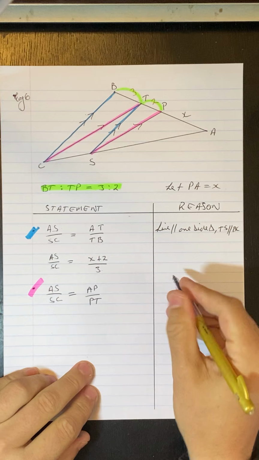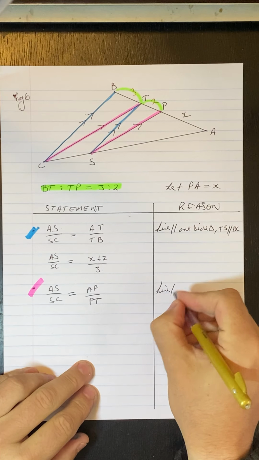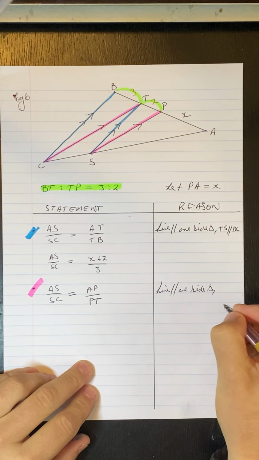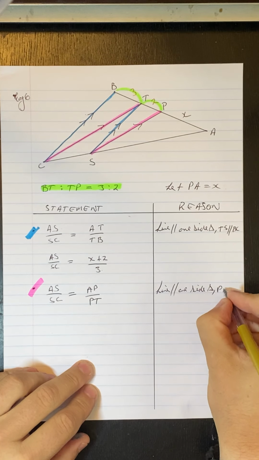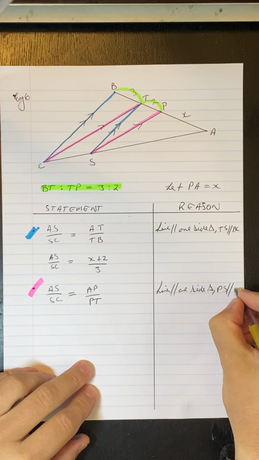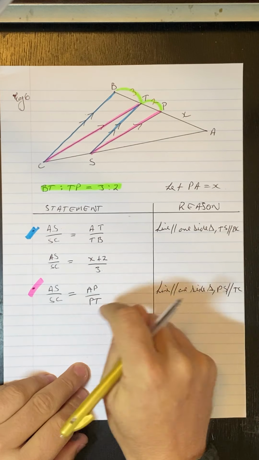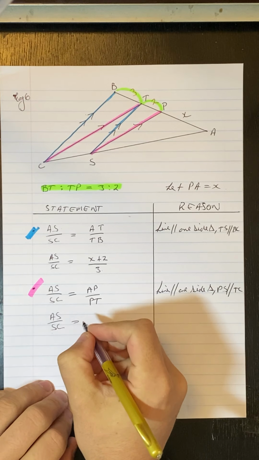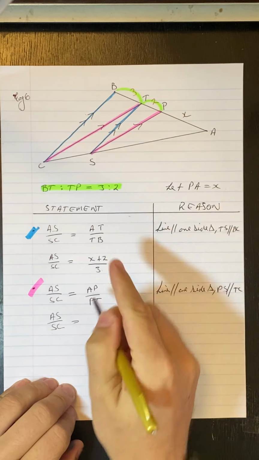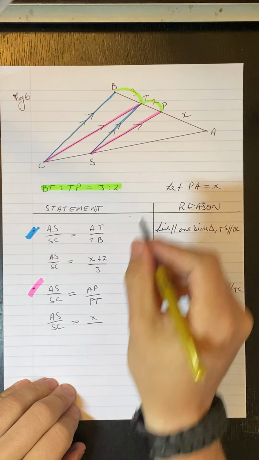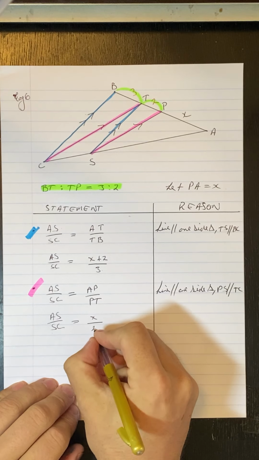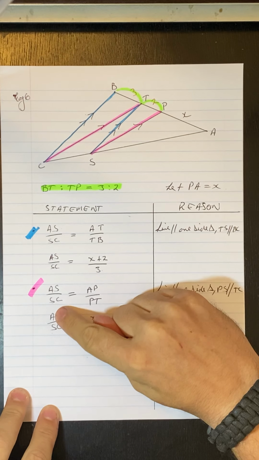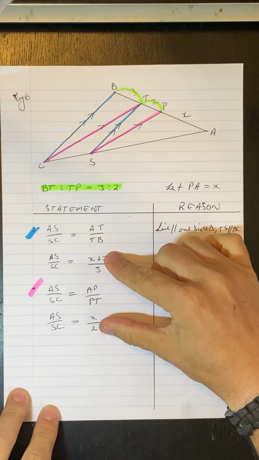And again, my reason for this: line parallel to one side of the triangle. And the parallel lines that I used were PS parallel to TC. Okay, let's fill in our information. So we get AS to SC is equal to, now AP is X and PT is 2. So we have AS to SC is that, and AS to SC is that. These two things are equal.